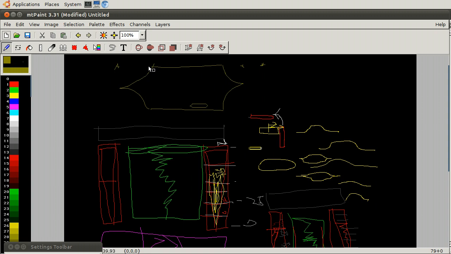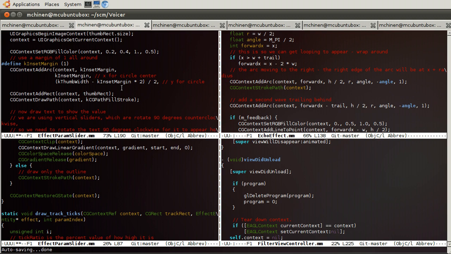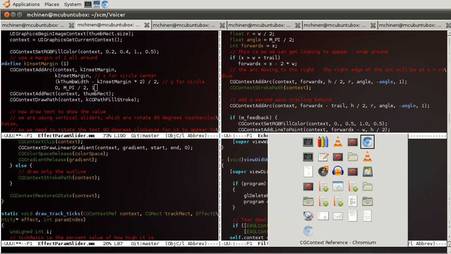We can pick any way we like. So let's start here and do 0 to pi over 2. And do we want, I think 1 is clockwise. Let's look that up.